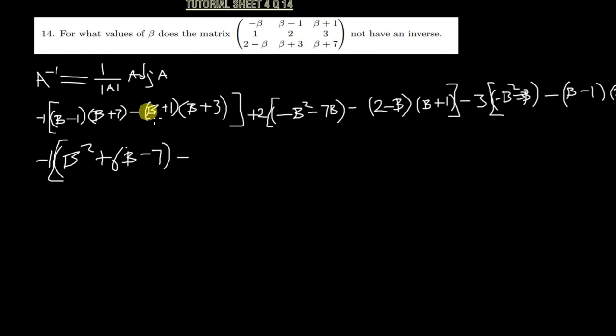So this is going to be beta squared, then 3 beta plus beta, I'll get 4 beta there, and then 1 times 3, you get 3. Then you put them in brackets like that.